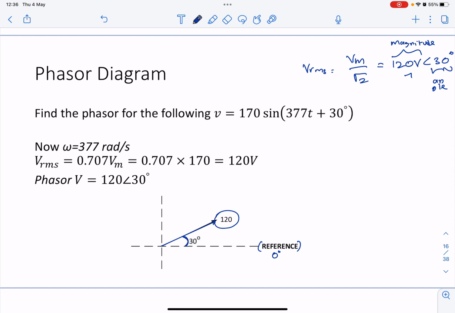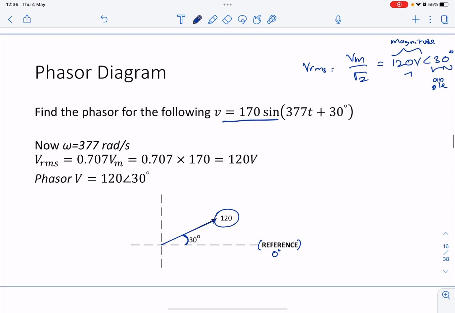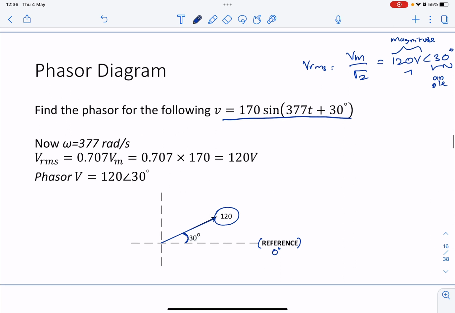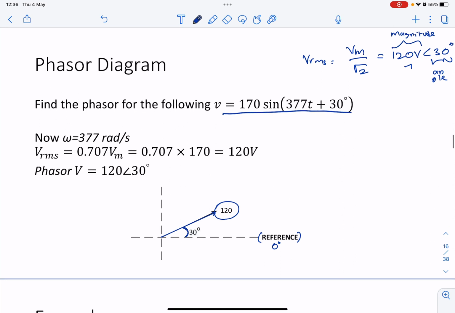So in terms of phasor diagram, let's say for example kamu kena bagi this value for instantaneous voltage. So in order to draw the phasor diagram, you require magnitude and angle.